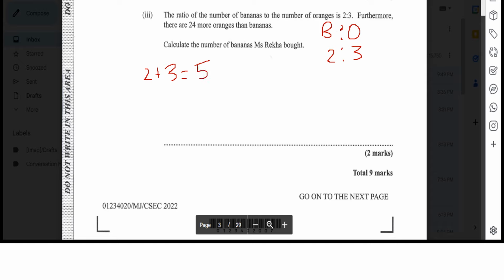so that the difference of, let us put 3/5 for the oranges minus 2/5 for the bananas give us a difference of 1/5. That 1/5 is equal to 24.